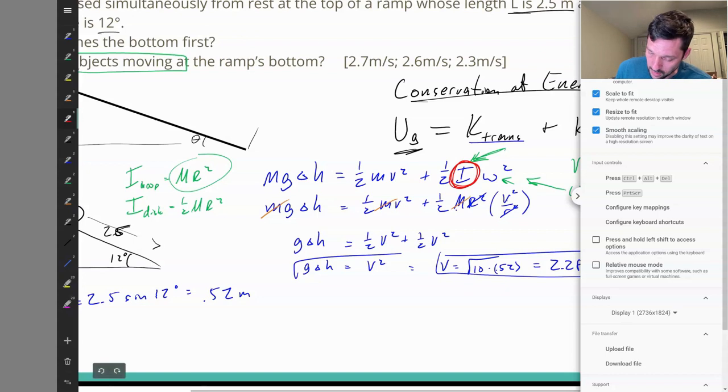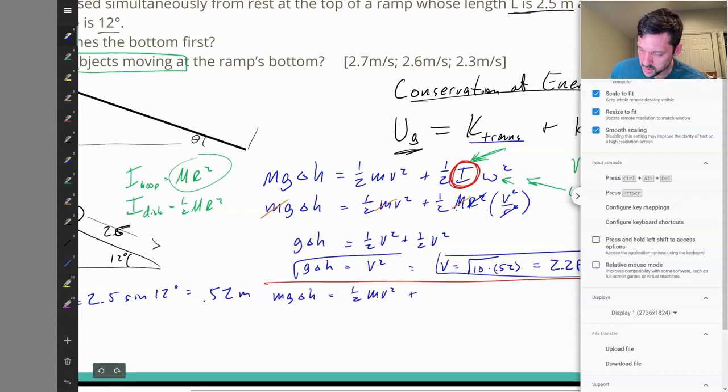So if we now plug in a different I, it's the same solution, just with a slightly tweaked value for I. So we got mg delta h equals 1/2 mv squared plus, now we're talking about the disk, so that's 1/2 of I, which itself is 1/2 mr squared, times omega squared, which still has the same relationship, v over r quantity squared, so each of those gets squared.